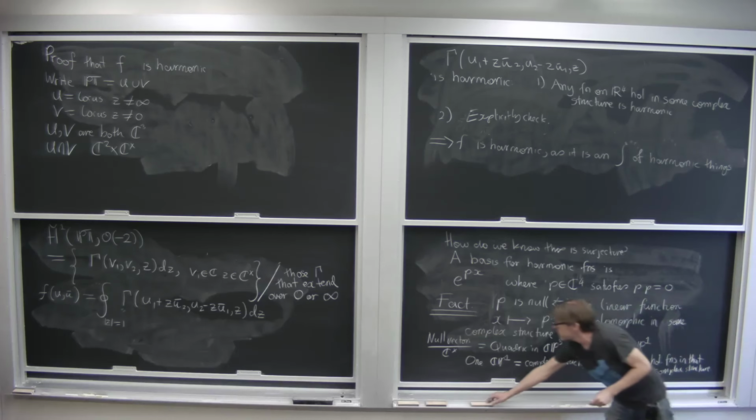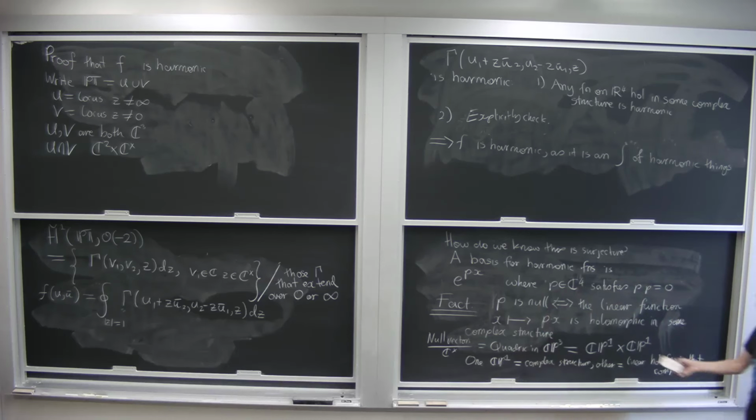Okay, so once we know this, it's kind of obvious. If you give me something like e^{ip·x}, how do we get it from here? It's actually slightly easier to write this in Dolbeault language, but it doesn't really matter.